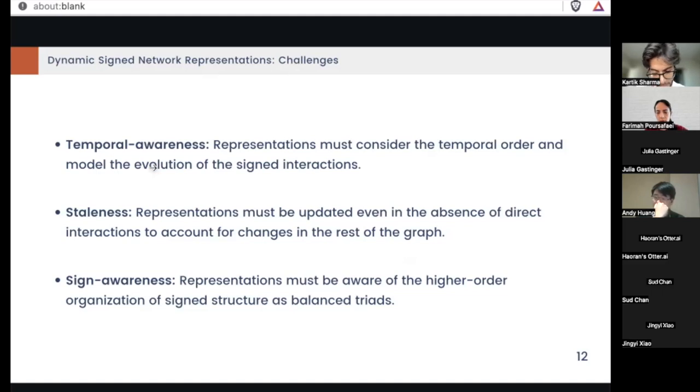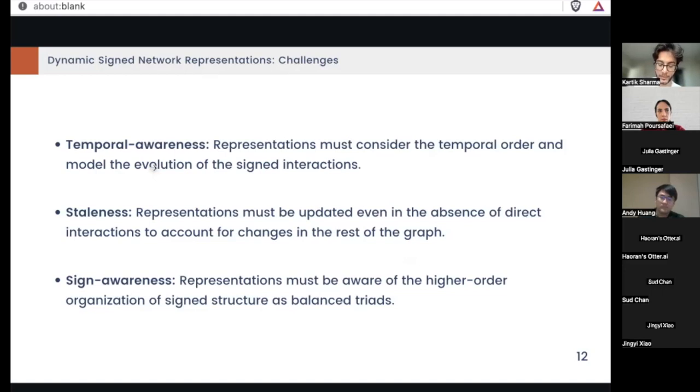Because you say that the static signed network does not have temporal awareness. So does it mean that at the moment we observe an interaction, the static signed network will assume that this interaction will be persistent throughout the modeling period?